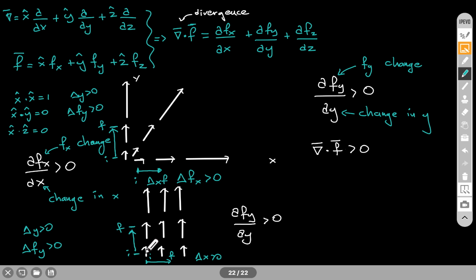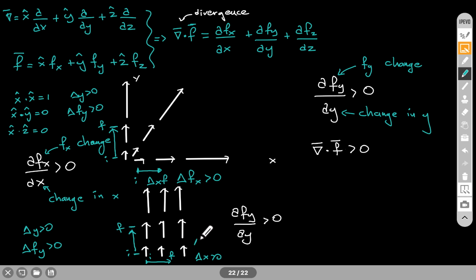And what do I see? What is the change of the x component of my vector function? I don't see a change. Whatever I have here, I have exactly the same thing, and in fact the x component is exactly 0. And not only is it 0, but it's not really changing.